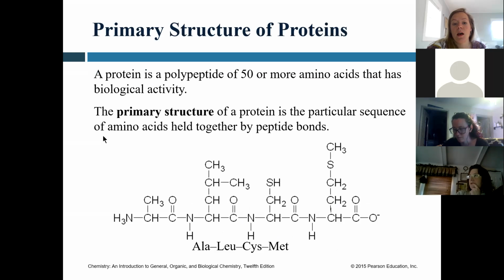What we classify as a protein, which is a really large molecule, is a polypeptide of 50 or more amino acids that has some sort of biological activity. The primary structure of a protein, the most basic structure, is amino acids held together by peptide bonds.